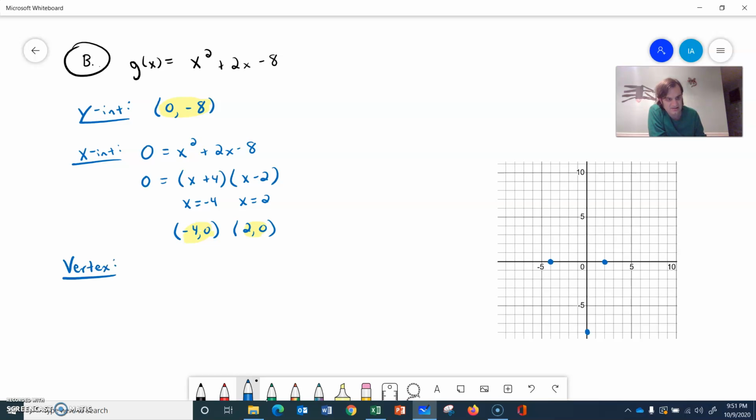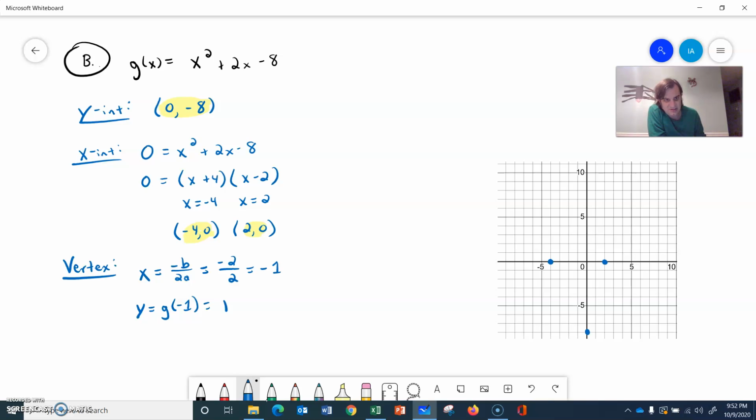Vertex, where x equals negative b over 2a. So negative b, that's negative 2. 2a, that's 2. So the x-coordinate is negative 1. And we've got g here, not f. Habit. So then we want the y component, which will come from g of negative 1.